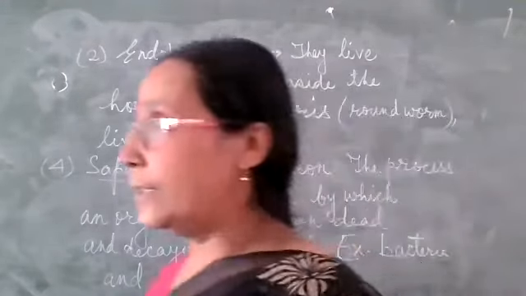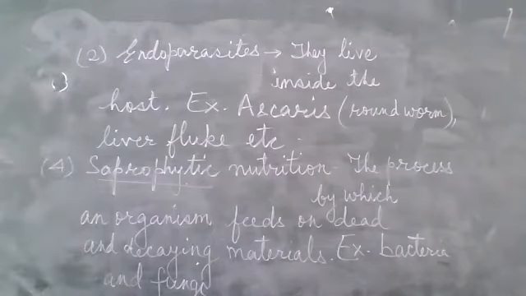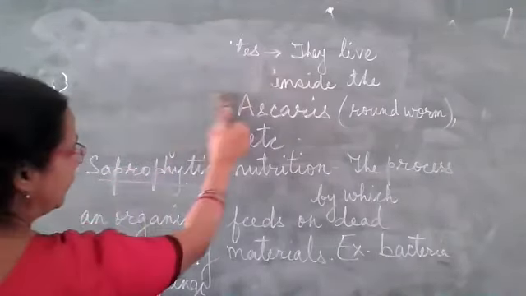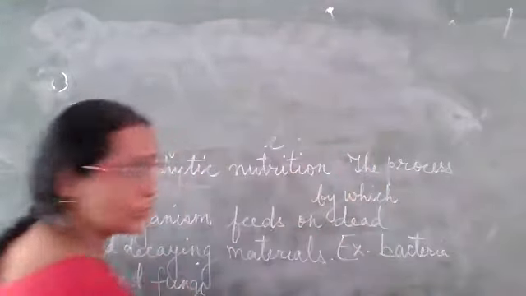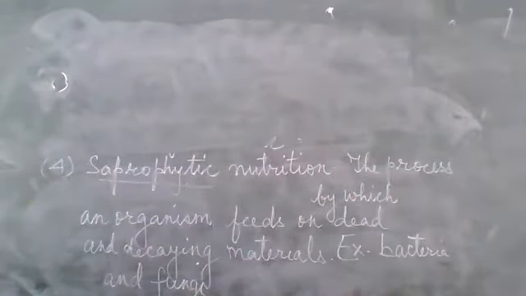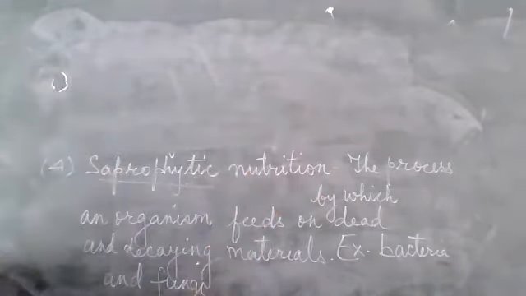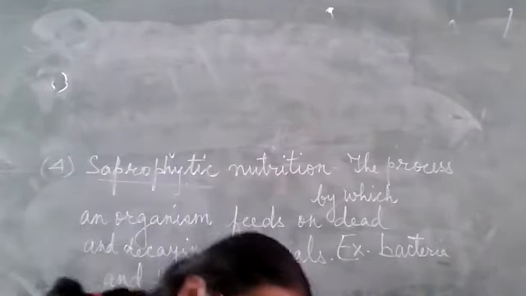So these are the different types of nutrition we have read. Next we will see autotrophic nutrition, and in an elaborate way we will read about it.